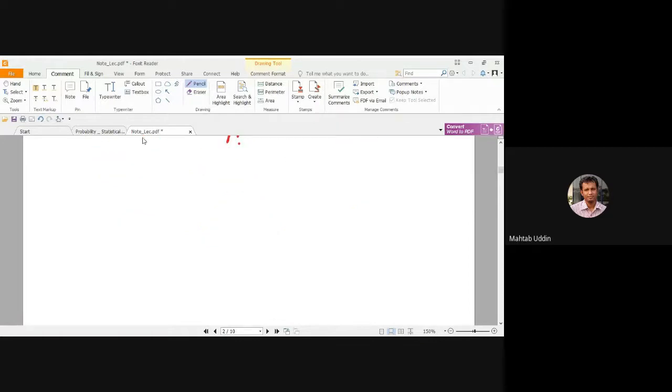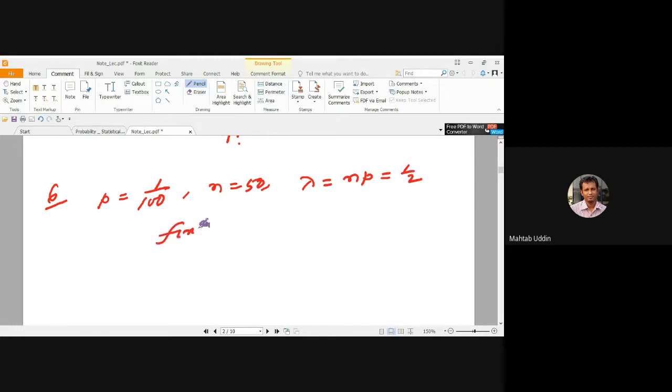Number 6. So on average, in a foot, 1 by 100 flaws, and our N is 50 feet. So lambda is np, equal to half. Then f(x) is e to the power minus half, half to the power x by x factorial.